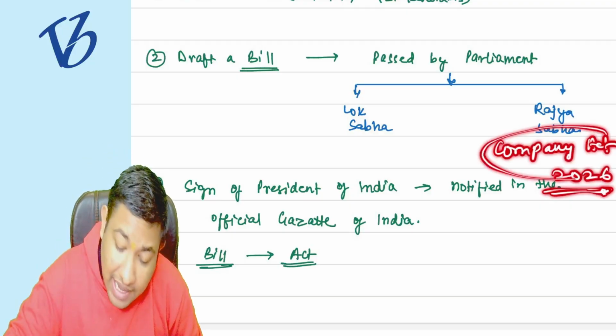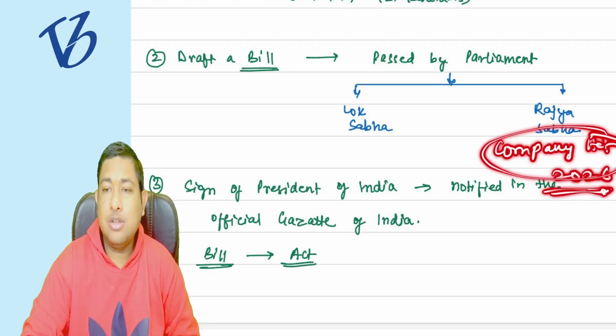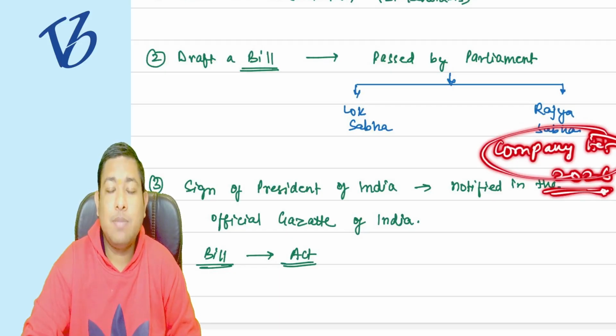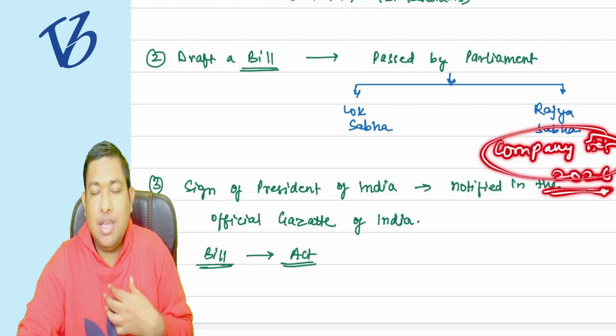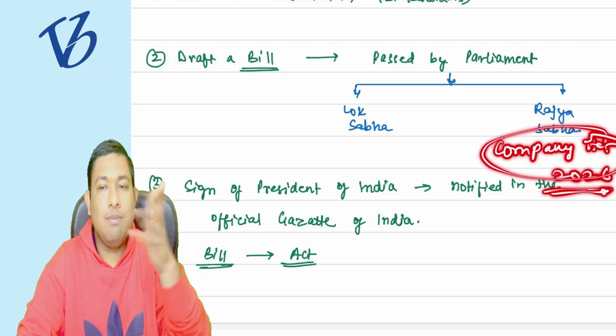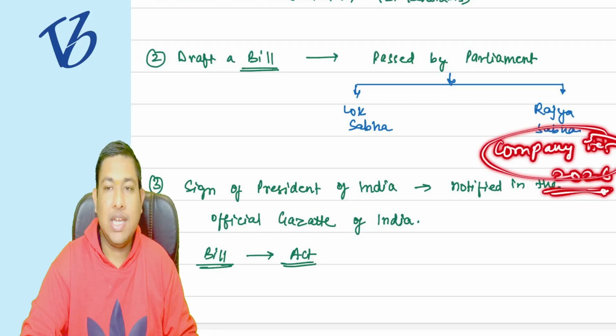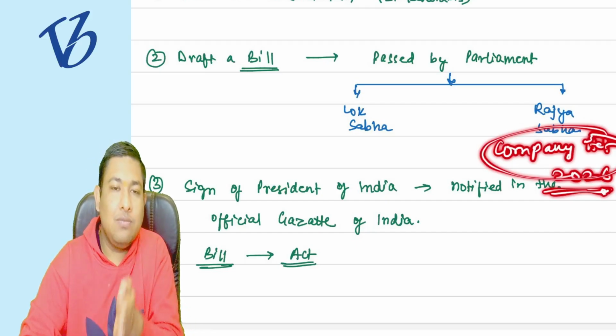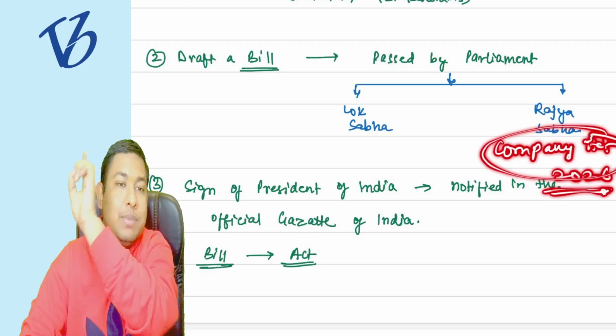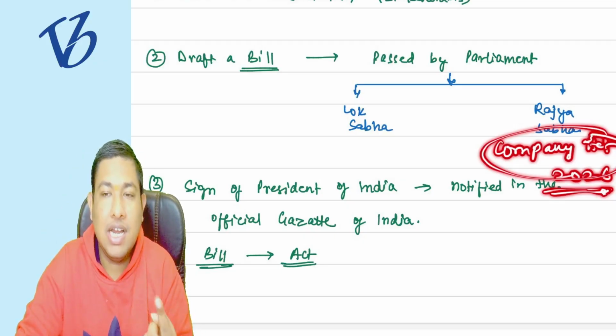Now the Companies Act is not affecting the general public. A public like me, a public like you, are not impacted by the Companies Act 2026, because it will only impact the companies in India and not the general public.